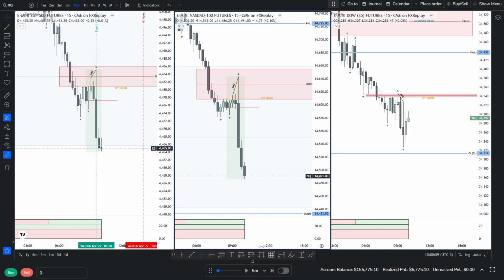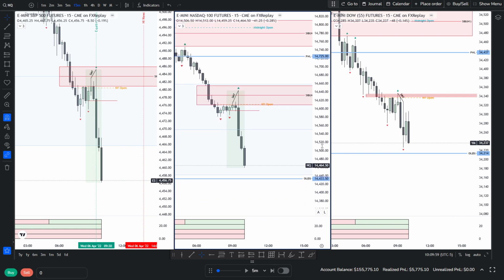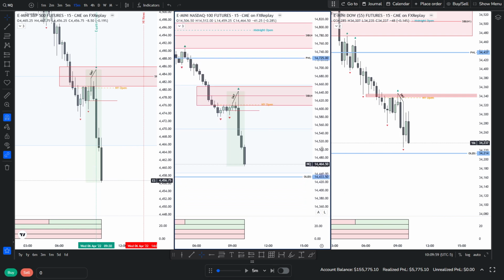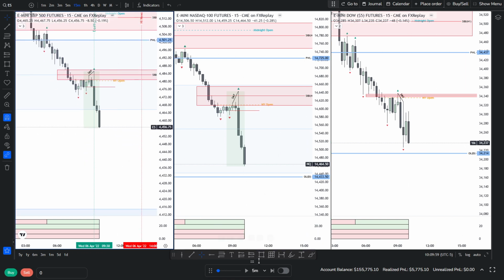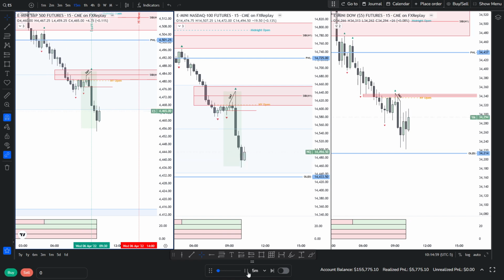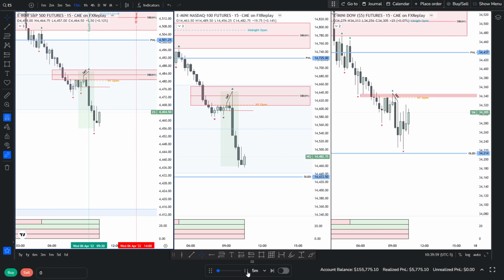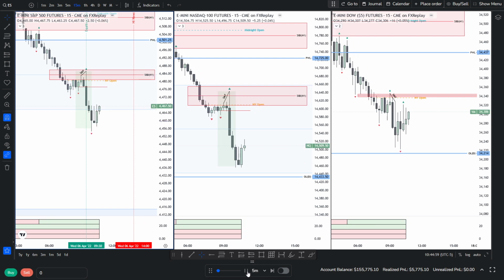So going to play this out. And so far, it's just been a bit unfortunate, right? Expect that old low liquidity pool to be taken.